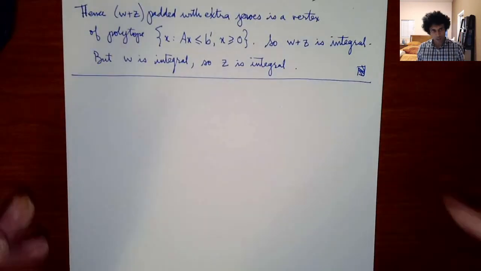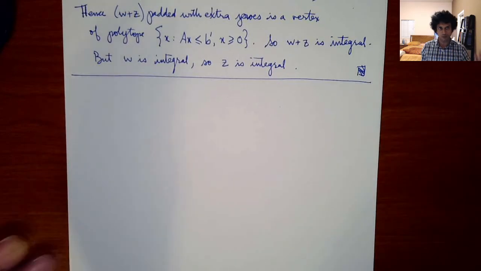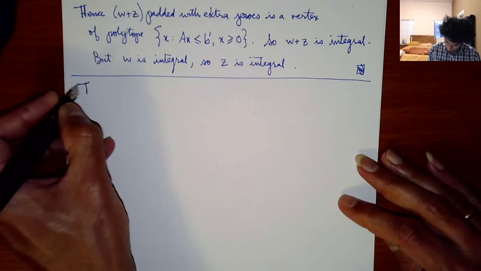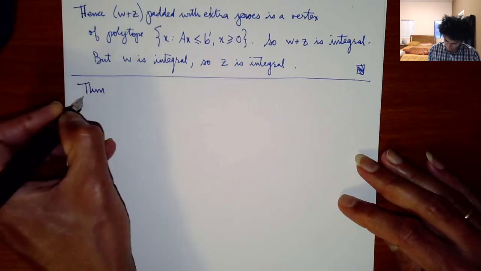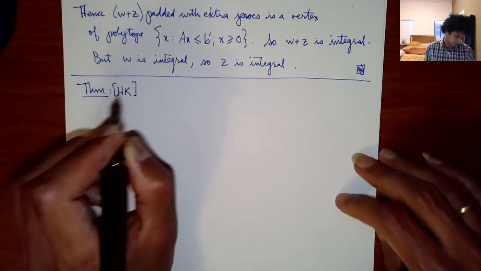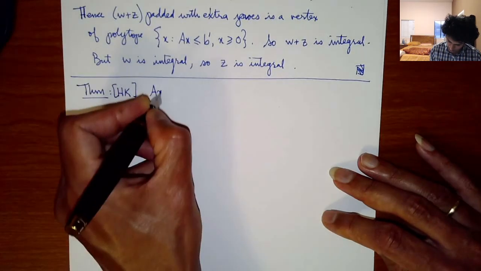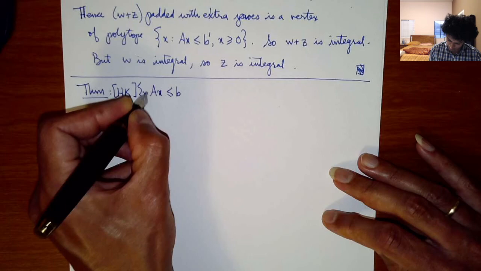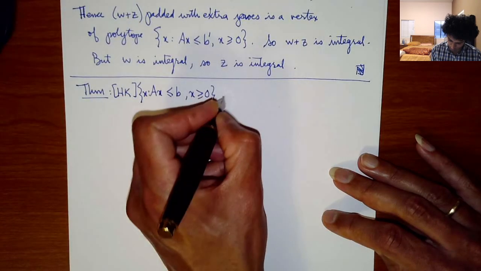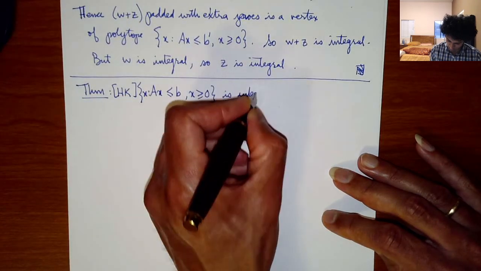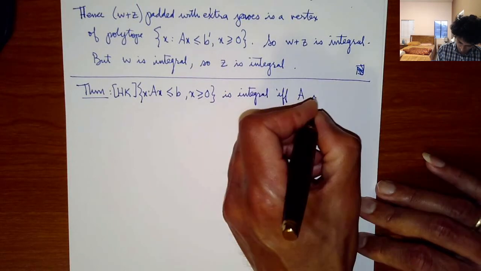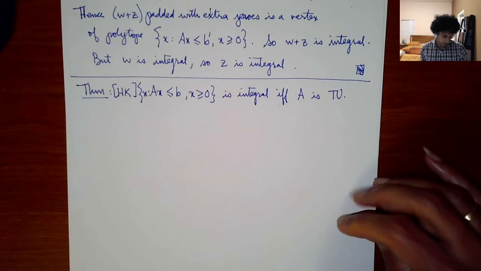I will put down the final proof of the Hoffman-Kruskal theorem, then I'll pause and take any questions that you have. So I'm just restating the Hoffman-Kruskal theorem. The polytope Ax ≤ b, x ≥ 0 is integral if and only if A is totally unimodular.